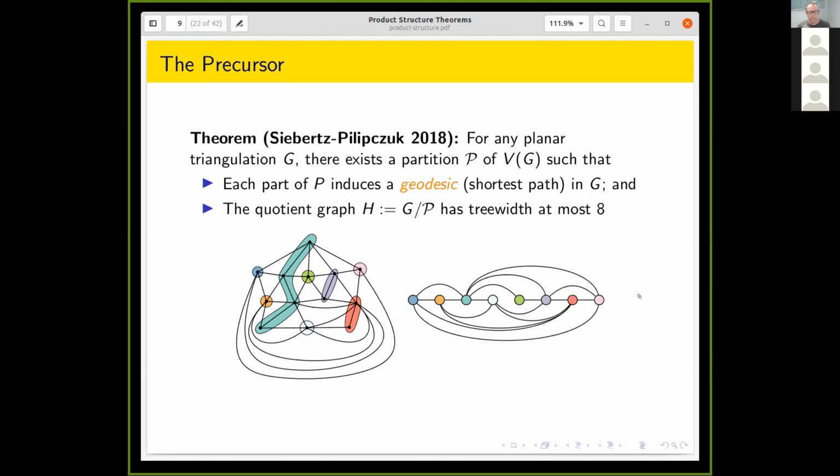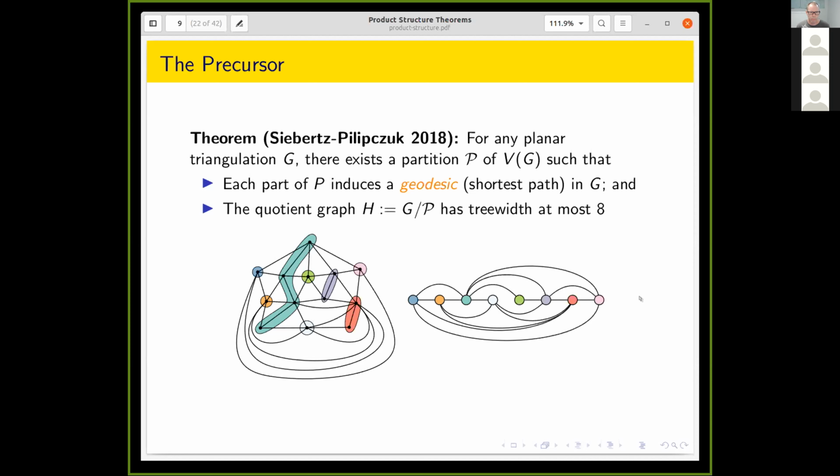And I'm certain this one has tree width at most 8, but the theorem is that for every planar graph, there is such a partition. Beautiful theorem, and actually with a beautiful proof that I will just talk very briefly about.